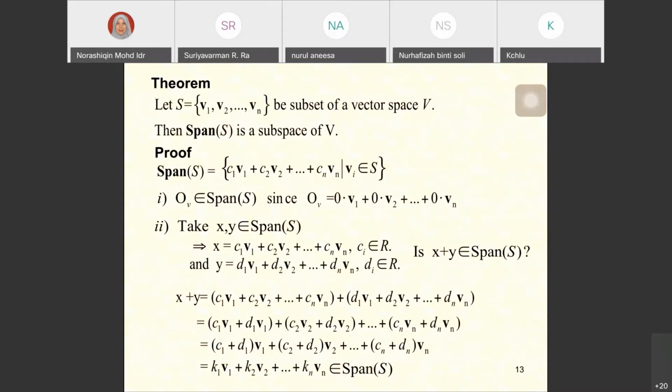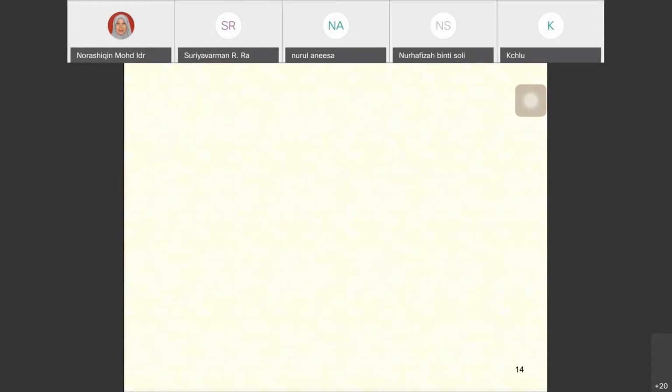Next proof: we want to show it is closed under scalar multiplication. So we take only one element in span of S, let's say X. We want to see is Kx in span of S. X is in the form C1 V1 plus C2 V2 plus Cn Vn.